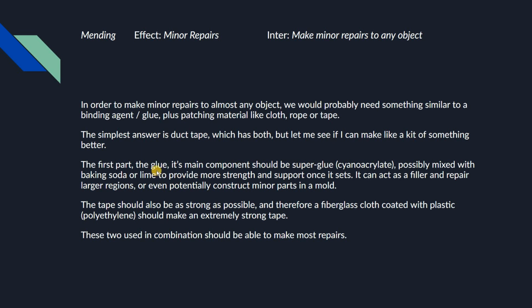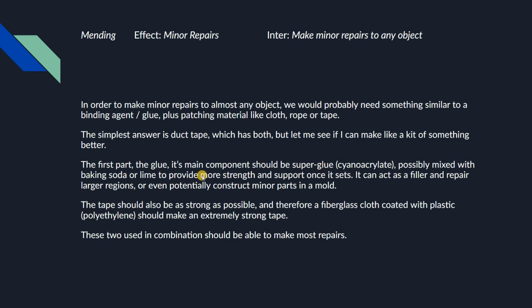So for the glue, I would use basically super glue, but I would mix it with baking soda or lime. I think the lime you have to mix in afterwards. Maybe the baking soda you have to mix in afterwards before you apply it. The lime you might be able to do earlier, basically.